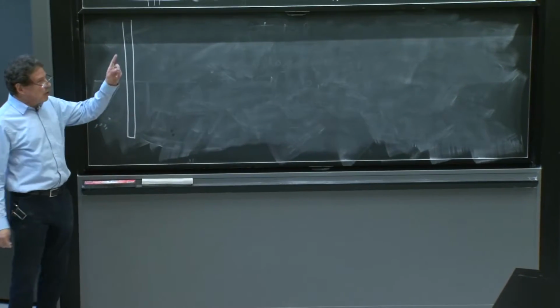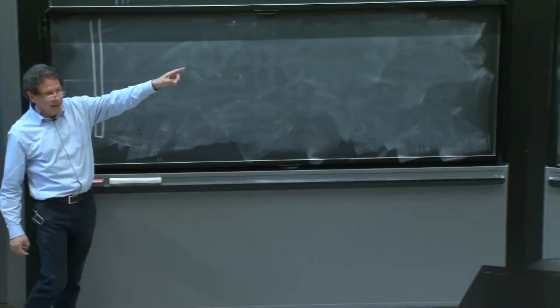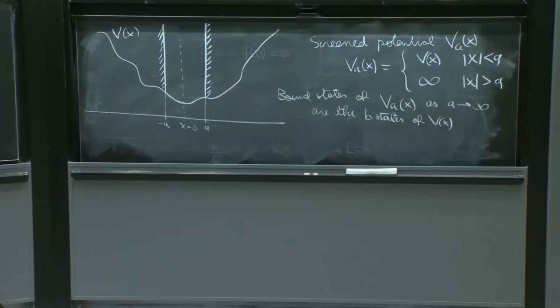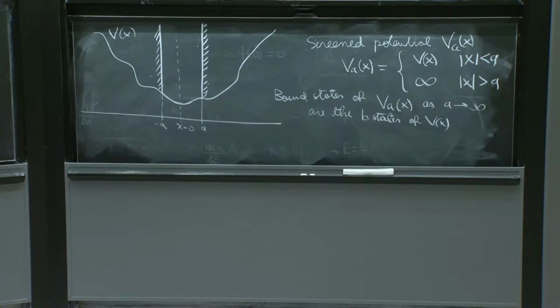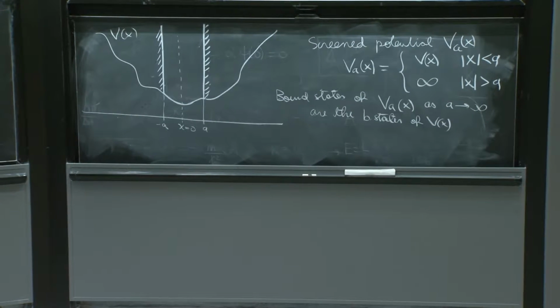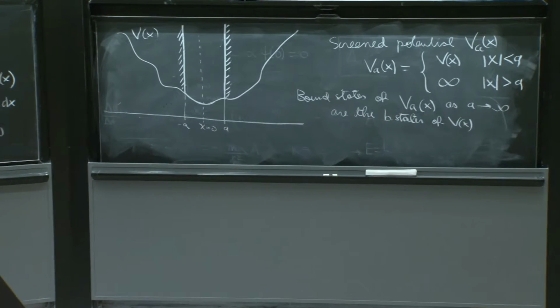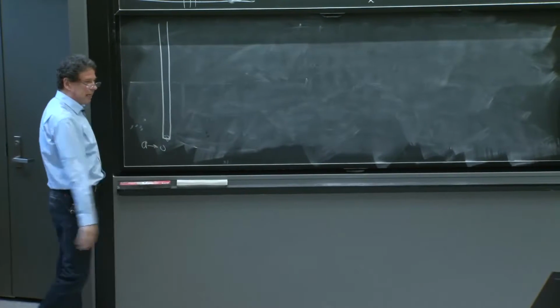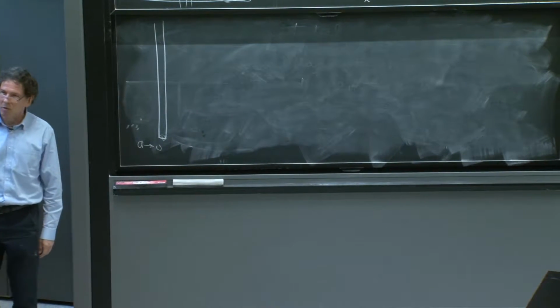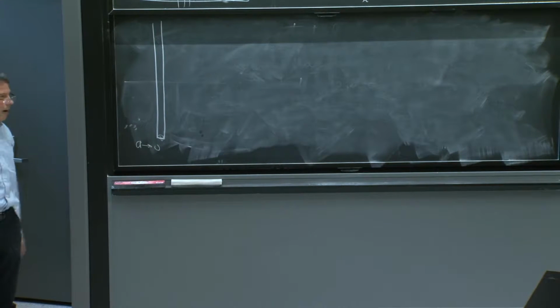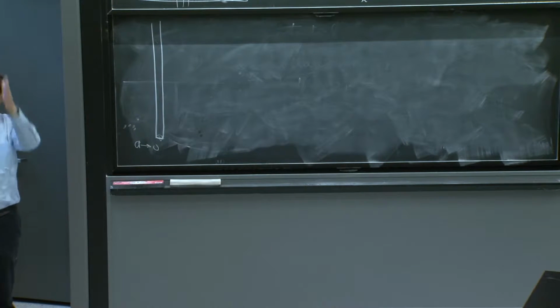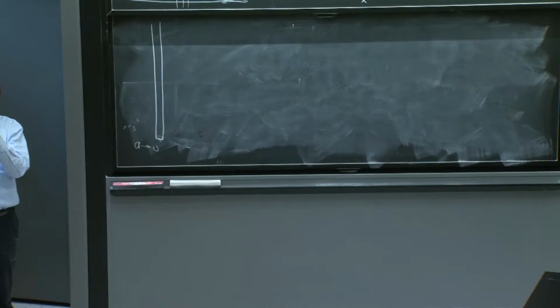And then I can use the states of the infinite square well potential. As a goes to 0, yes, you have a ground state with no nodes, a first excited state with 1 node, and all the states have the right number of nodes, because they are the states of the infinite square well, however narrow it is.